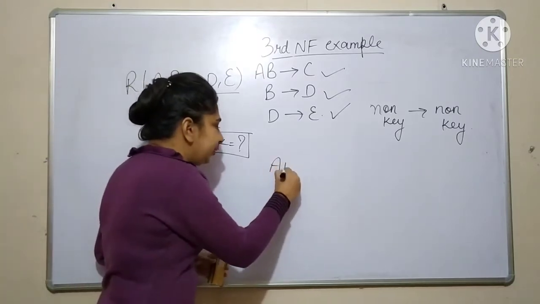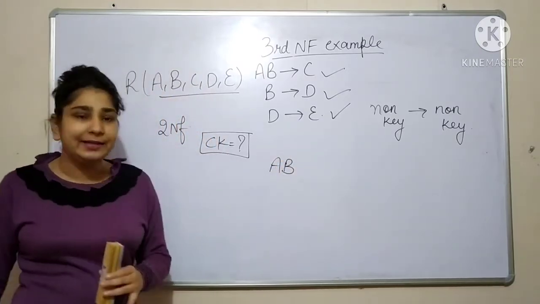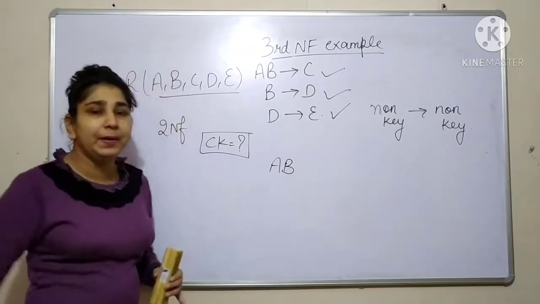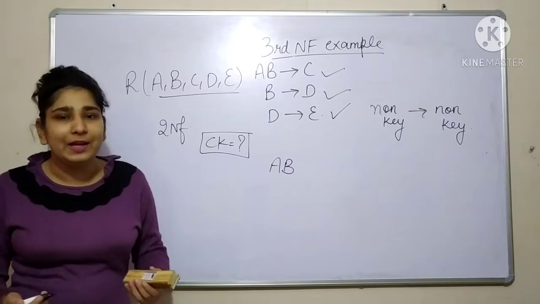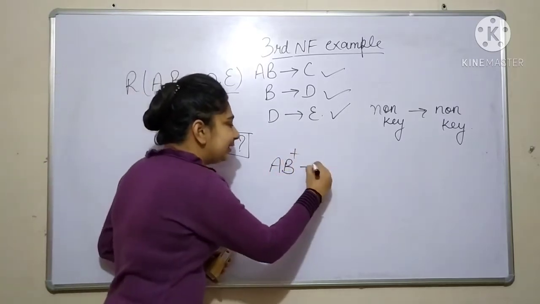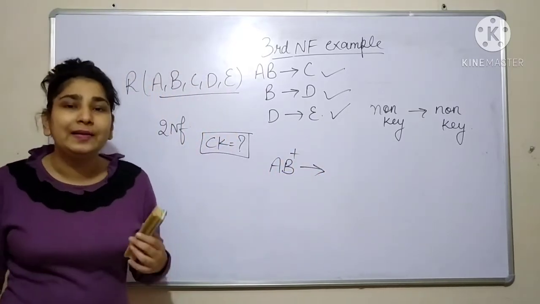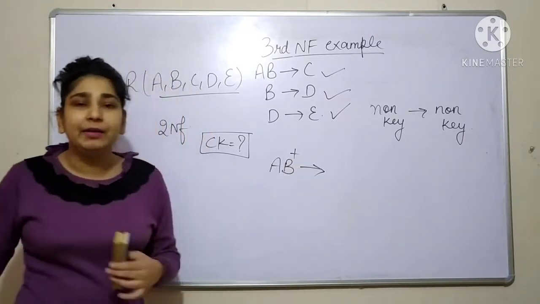So I will find out if AB can be used as the candidate key of the relation. I am finding out the closure.